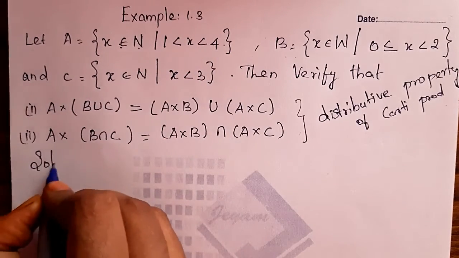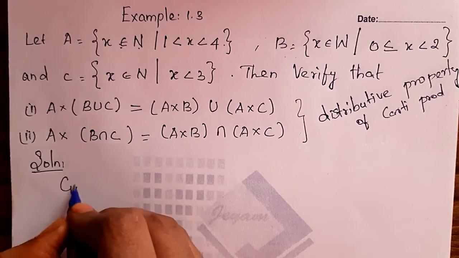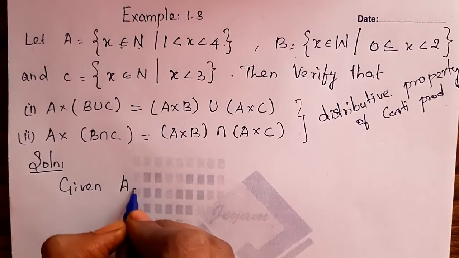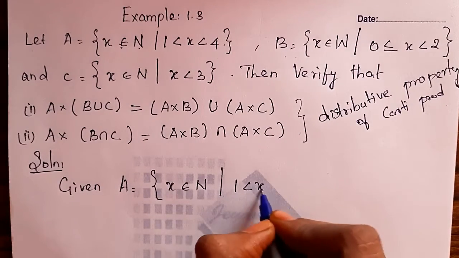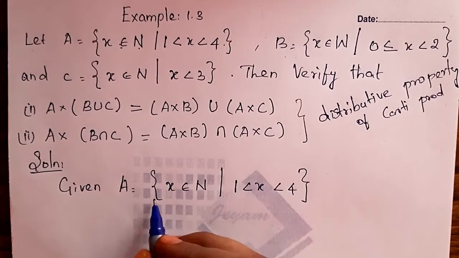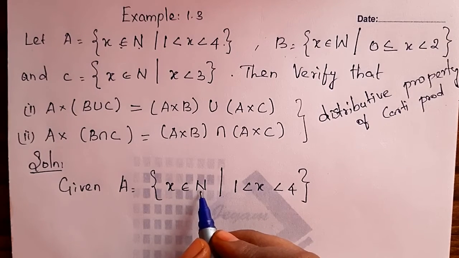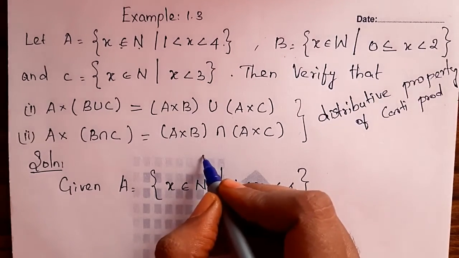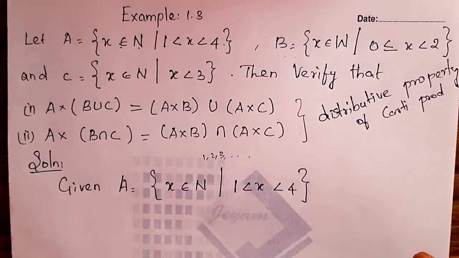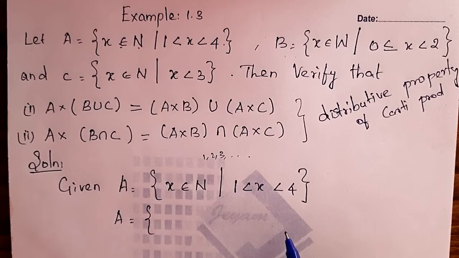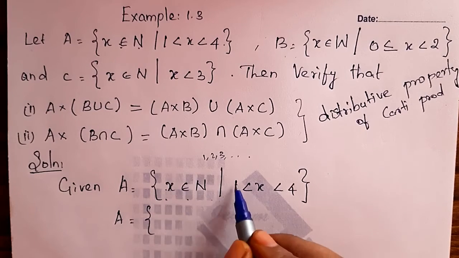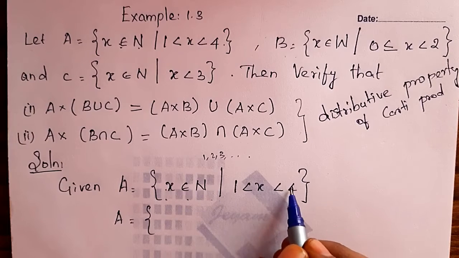So solution, given A equal to the set of all x belongs to N such that 1 less than x less than 4. Know that N means the set of all natural numbers. Natural numbers start from 1, 2, 3, etc. Okay. So our set A is the set of all x belongs to N such that x is between 1 and 4.